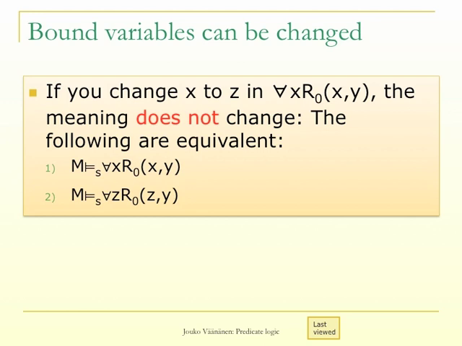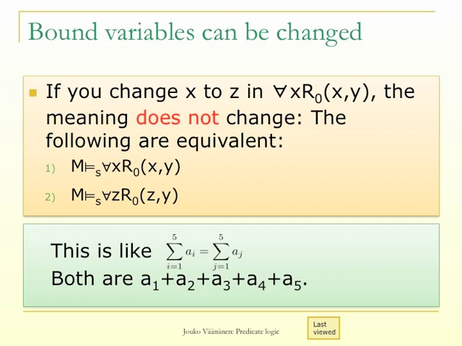For example, if you change x to z in ∀x R0(x,y), the meaning does not change because the following are equivalent: s satisfies ∀x R0(x,y) in M, and s satisfies ∀z R0(z,y) in M. The meaning of both of these is that the set of a in M such that the pair (a,s(y)) is in R0^M is the whole set M, and neither x nor z plays any role in this.